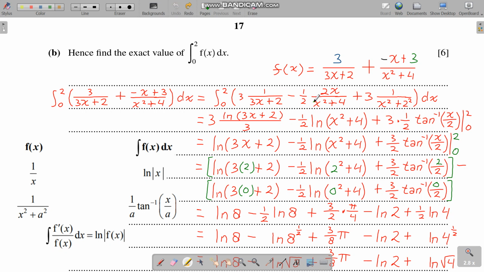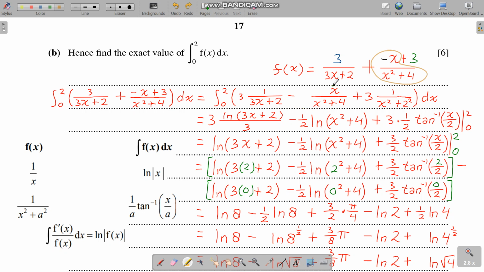And for the minus x over x squared plus 4, this is the actual fraction here. So if we separate this part, we have minus x divided by x squared plus 4, just like this.